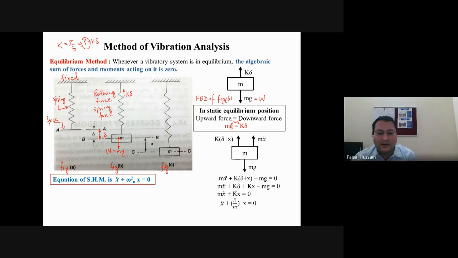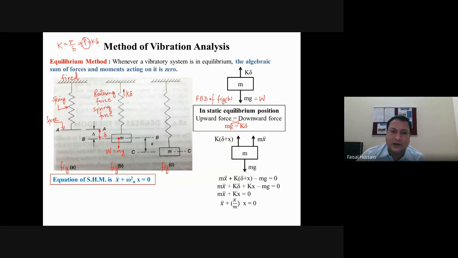In figure number 3, by using some external excitation, I have again pulled this mass. If I pull this mass, the mass is again deflected downward, through a distance x.